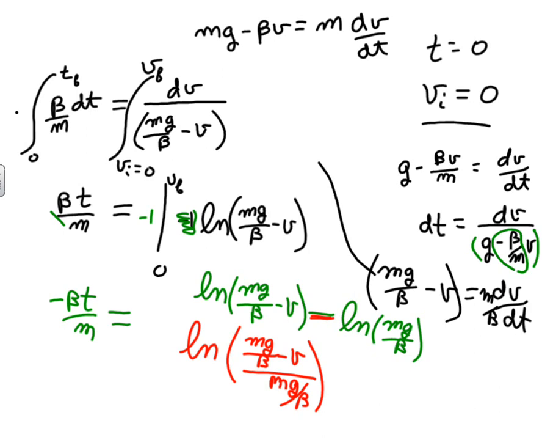You guys remember that little natural log trick? When one natural log is subtracted from the other natural log, it is the same as the natural log of one divided by the other. Because they're exponents, and we subtract exponents. Okay? We're 2 steps away from getting v all by itself. It looks a little scary, doesn't it?